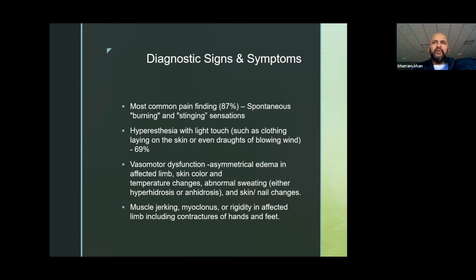So they stop trimming the nails, and on top of that their skin changes, so the nails are brittle and oddly shaped, and they usually break apart. They have myoclonus, so a movement disorder is there. The patient may have muscle jerking, myoclonus, rigidity in the affected limb, and contractures of the hand and feet.